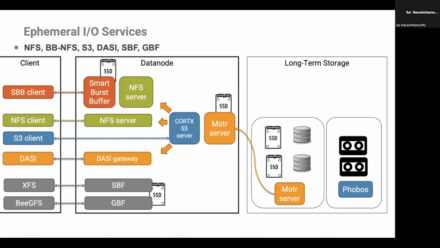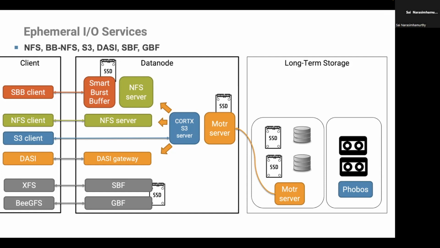So for CORTX as well, it's quite flexible, and that's why we wanted to show you this Motr Direct Access API and also the S3, to show you that there's not just one way of using CORTX. It's not that you have to use S3 and that's it, that's the end. You are free to completely use CORTX in any way you want.